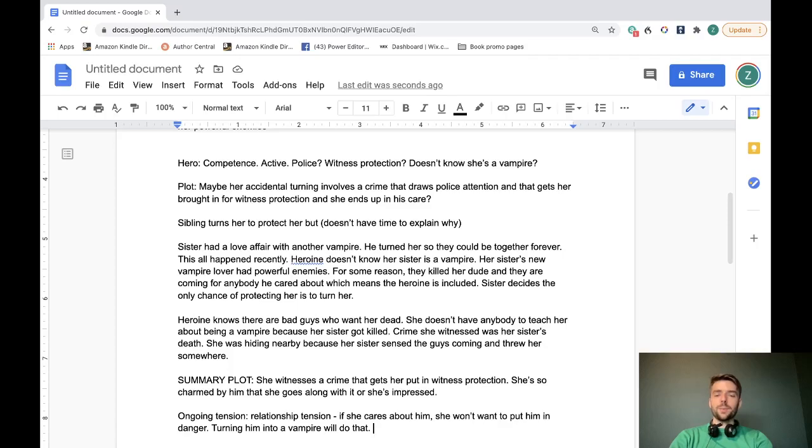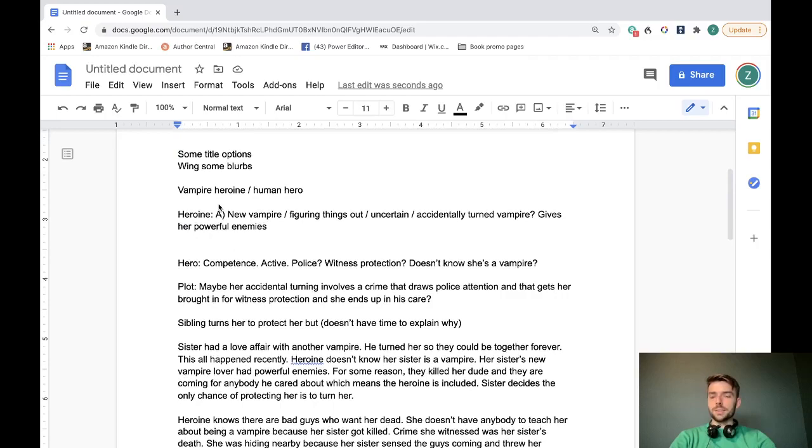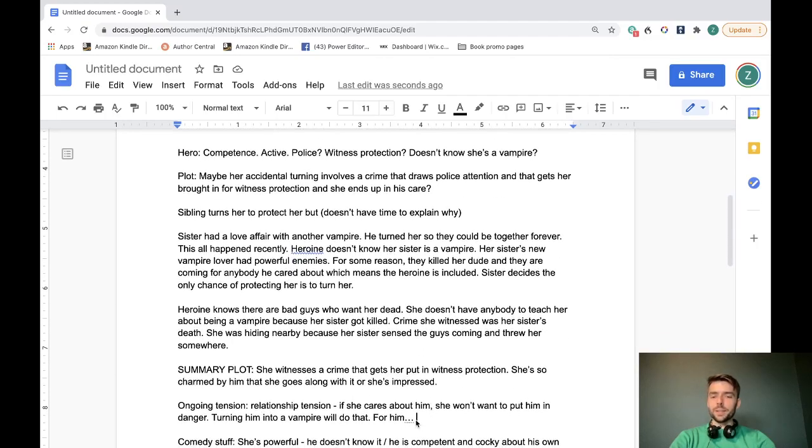And then for him, this brings me back to the characters. So I'm going to pause on my summary plot here and go back to my characters. When you get into this whole part where there's a relationship tension, you have to have a flaw in the character.